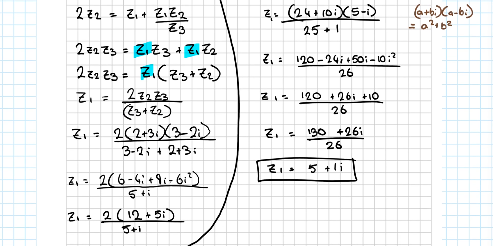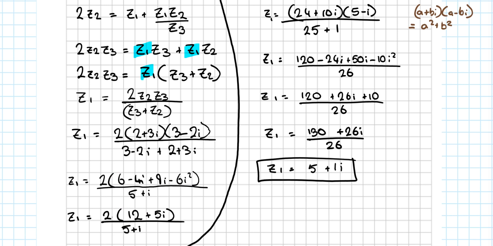We know that minus 6i squared is really plus 6, so it's plus 6 and plus 6 gives us 12. And minus 4i and plus 9i gives plus 5i.